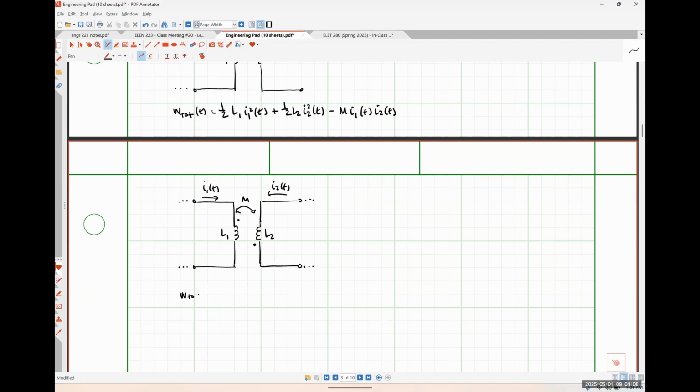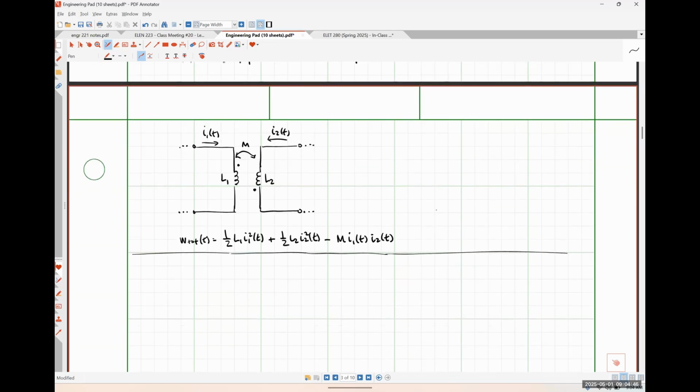Where W total is 1/2 L1 I1 squared plus 1/2 L2 I2 squared, minus M I1 I2.